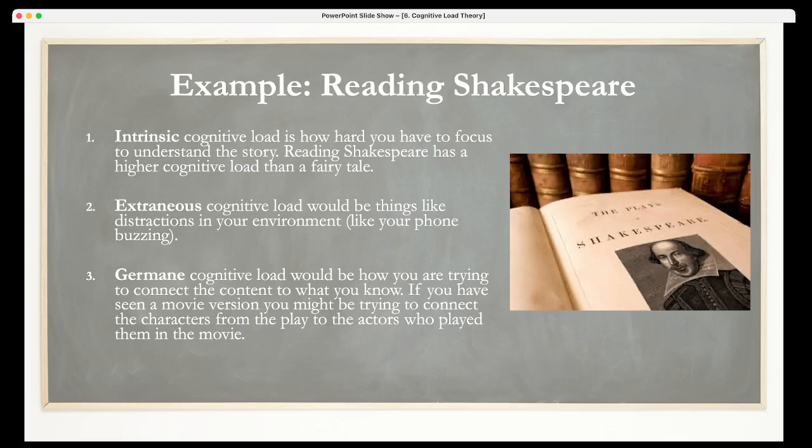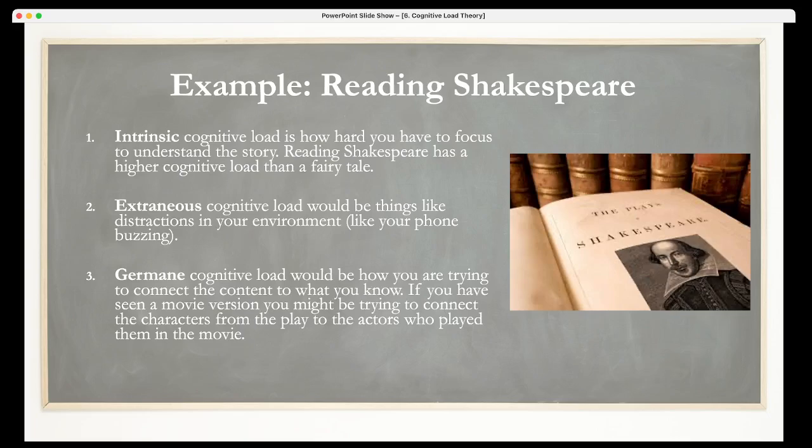Germane cognitive load is the hardest one to comprehend. It's the connecting to schemas. So take whatever task we're doing, how hard we're having to think to connect the information to what we know. For example, if you're reading Shakespeare and you're seeing thee and thou and thy, you might be connecting that to words that look or sound similar, like, oh, that seems like, are they saying you and me?